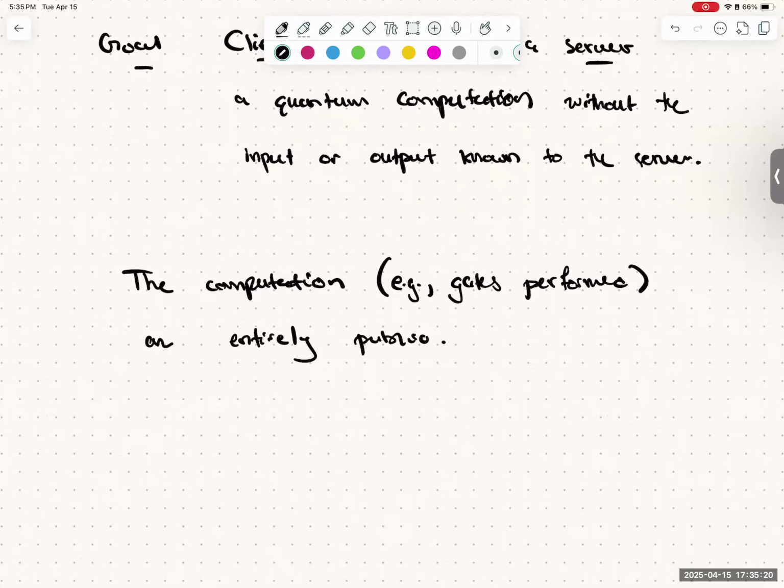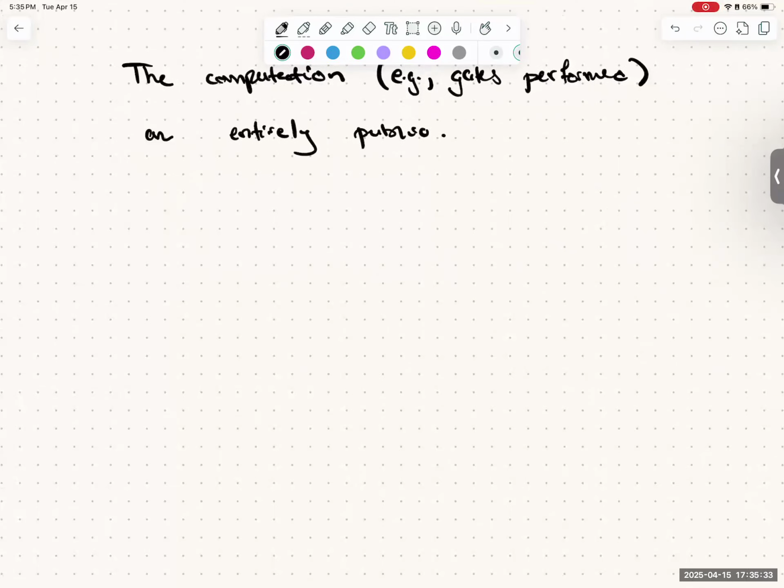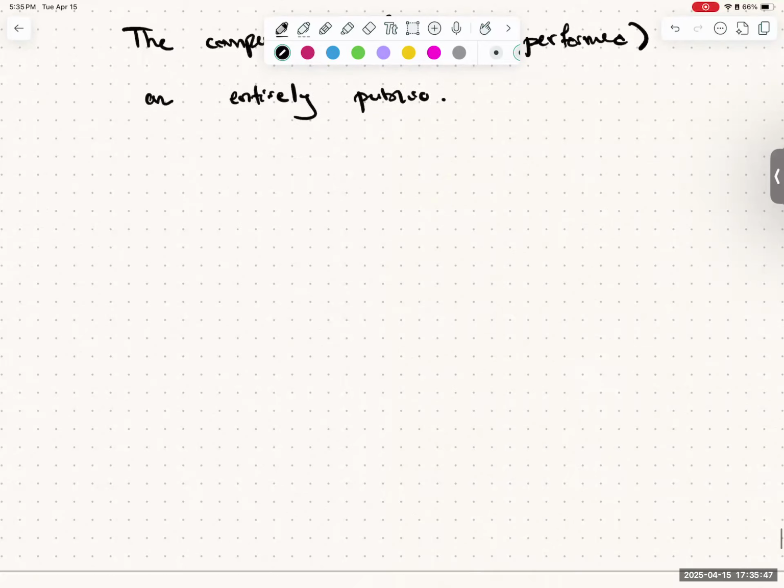If you're doing something that requires phase, Hadamard, and so on and so forth, these are going to be known. These are in the public domain. So the task is a little bit different. What you really want to do is hide the initial quantum state that you're feeding into the computation, and also the actual outputs that you will use should also be hidden.